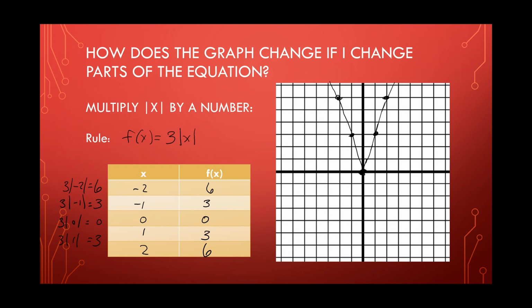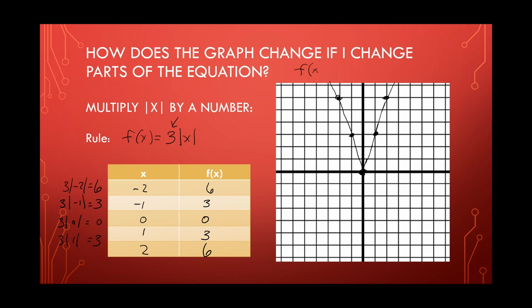And this new function is really up 3 over 1. It's almost like it took it and it stretched it. And that's what A does. This section outside being multiplied, we're going to call A.